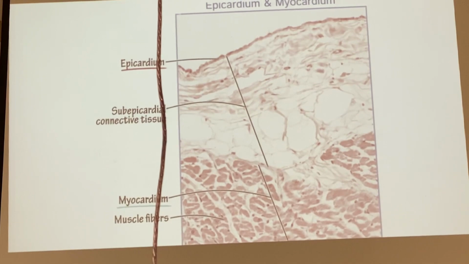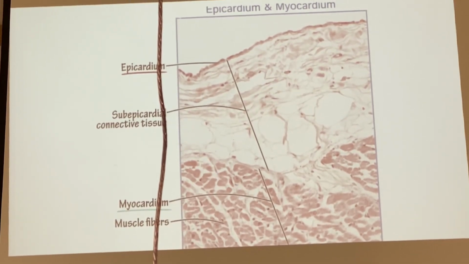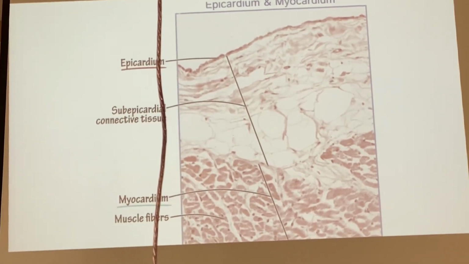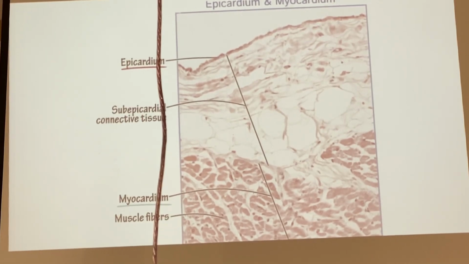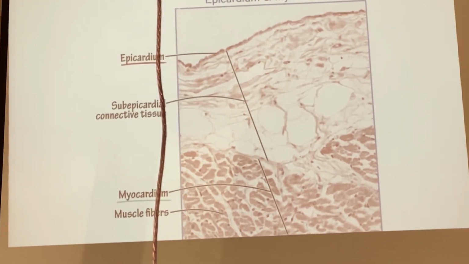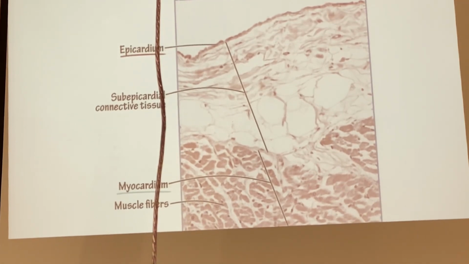And the potential space between the parietal layer and the visceral layer of the mesothelium contains a little bit of fluid, which is secreted by mesothelial cells, and this facilitates the beating of the heart inside the pericardial cavity.